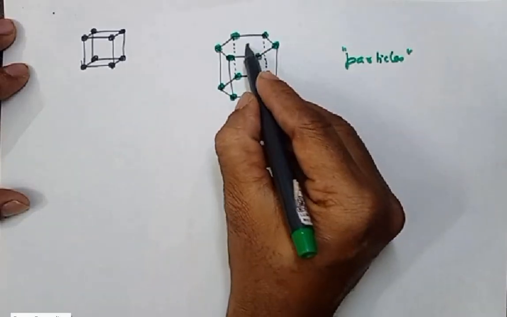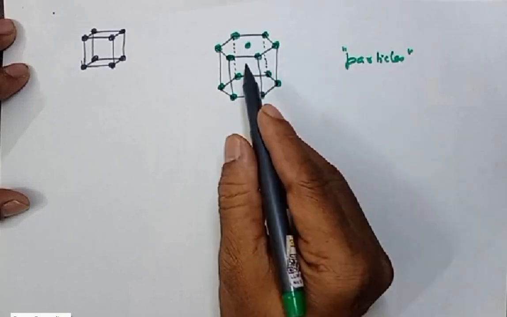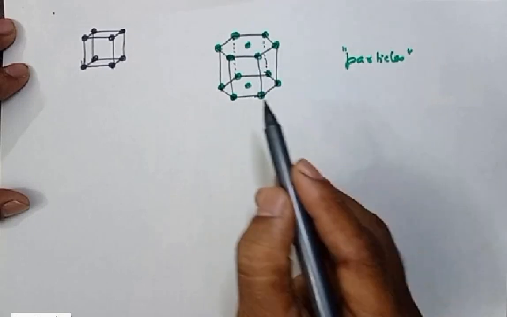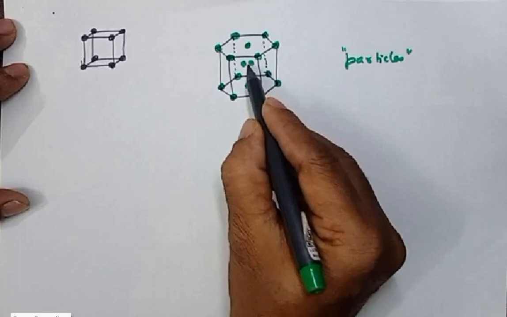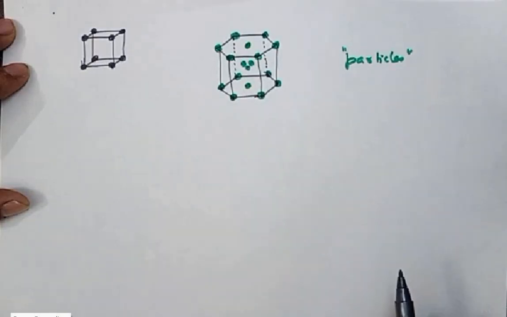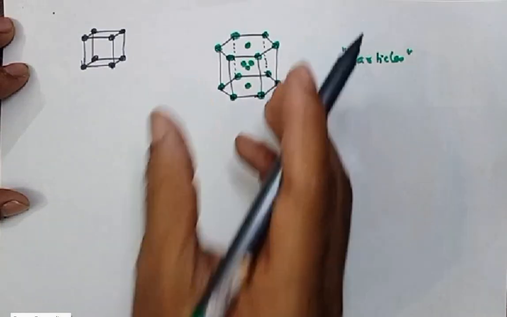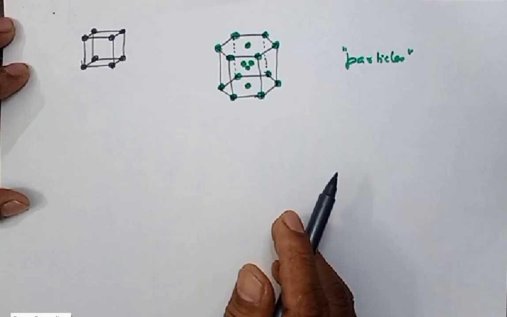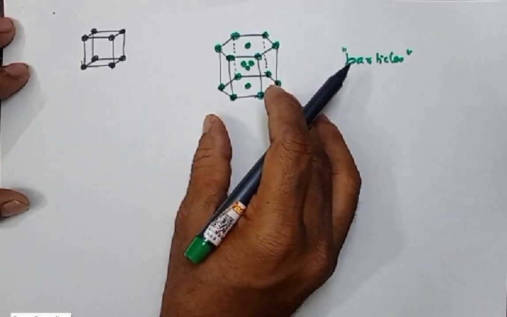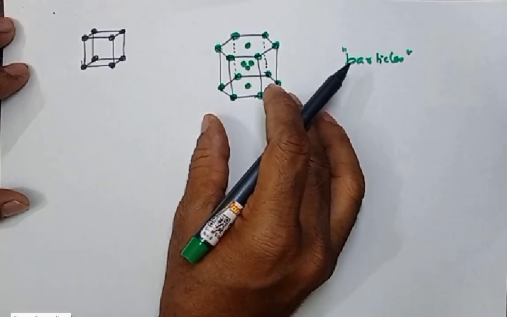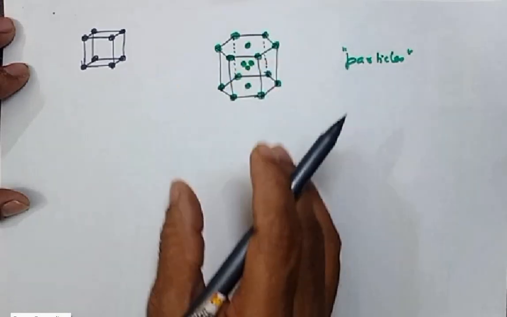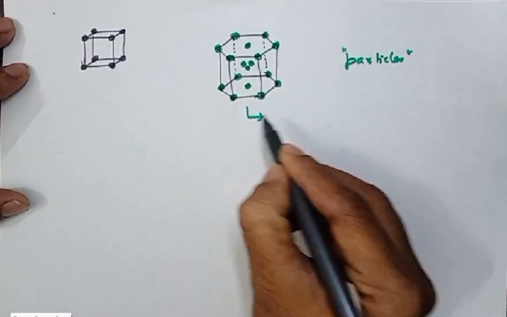Then I'll place one atom at the top center and another atom at the bottom center, then 3 atoms at the middle of the hexagon. Listen, in the case of a hexagonal unit cell, this is actually called the simple hexagonal unit cell.